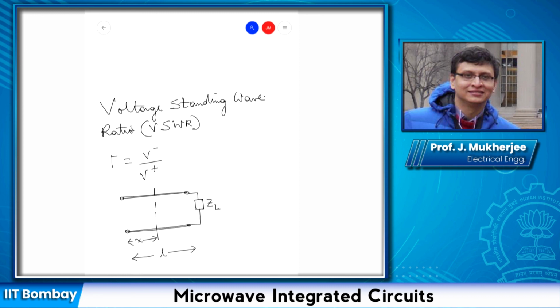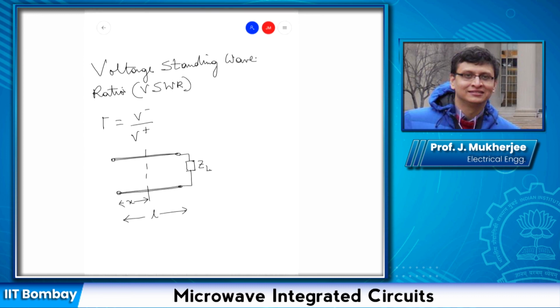Say the total length of the transmission line is L. Then V of x, as we know, will be given by this relation.